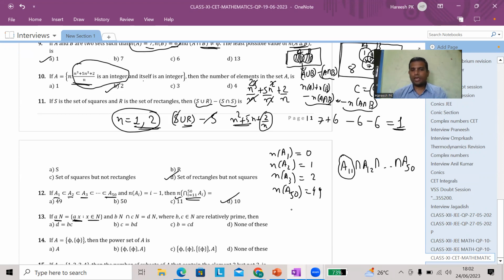So set AN will contain A, 2A, 3A. Means what? It is multiples of A. Similarly, BN will be what? Multiples of B. And CN will be multiples of C.